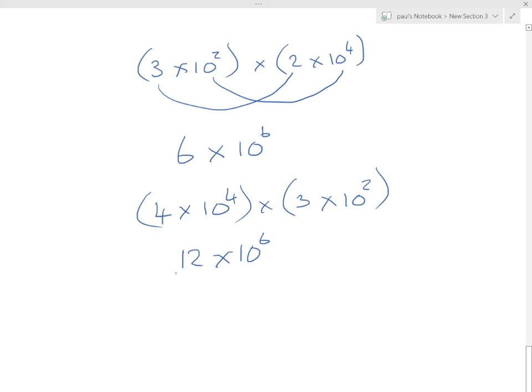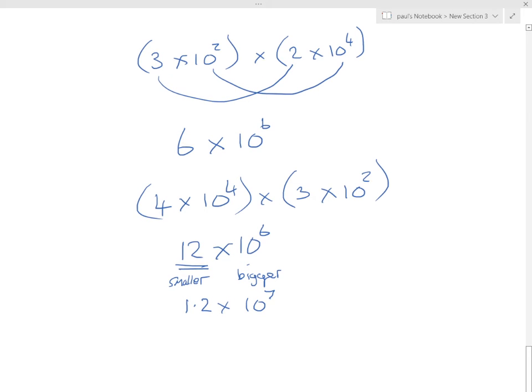But this number here is not in standard form because it's not between 1 and 10. So you make it smaller, 1.2. You divide by 10. So to balance it out, you've got to make this one bigger, multiply by 10, which will then be 10 to the 7.